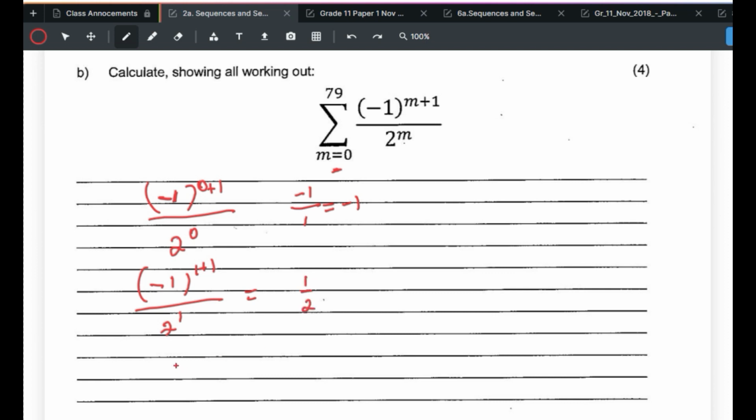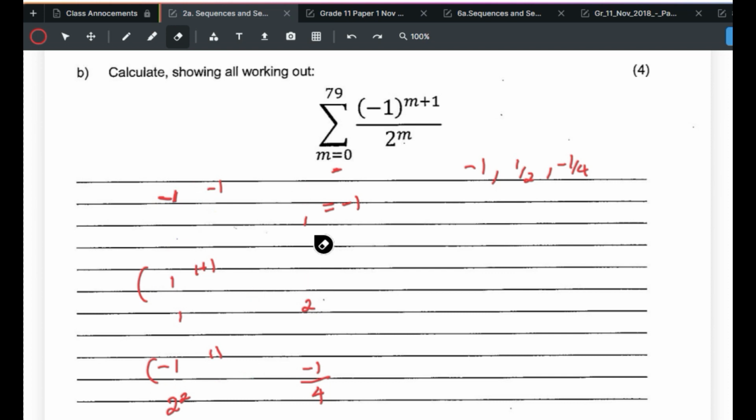And finally, the last one would be negative 1 to the 2 plus 1 over 2 to the 2, which is negative 1 over 4. Do you agree with that assessment? Yes. So it means that my sequence is negative 1, 1 over 2, negative 1 over 4. Okay, so let's clean all this out. And it's geometric.